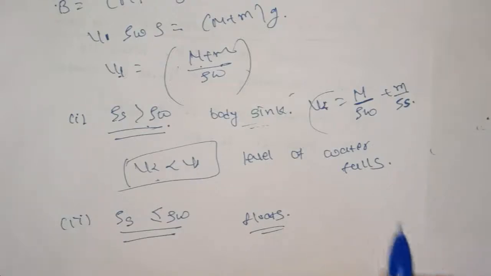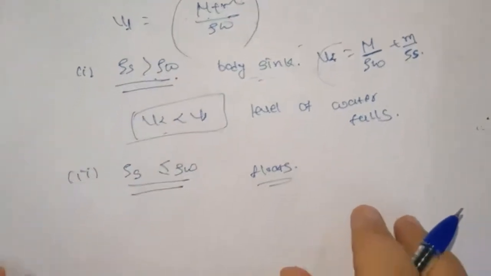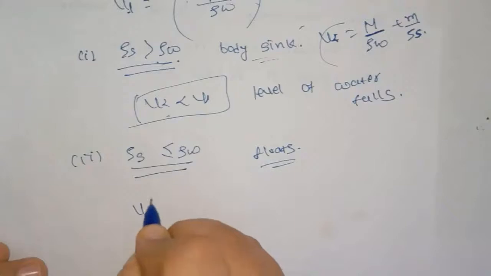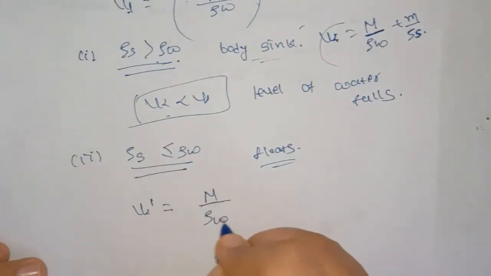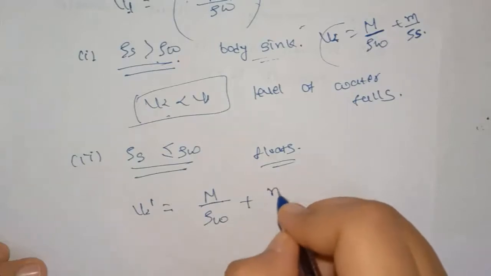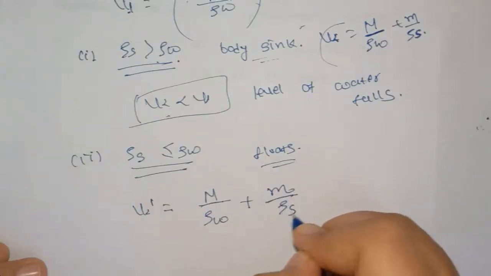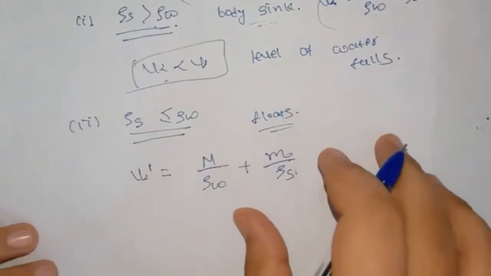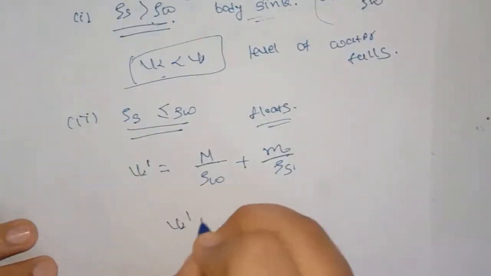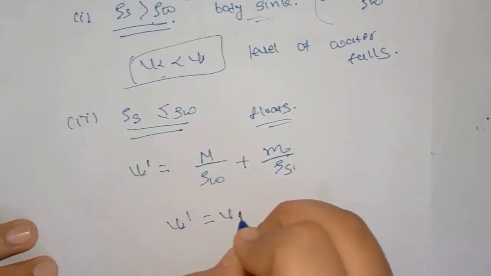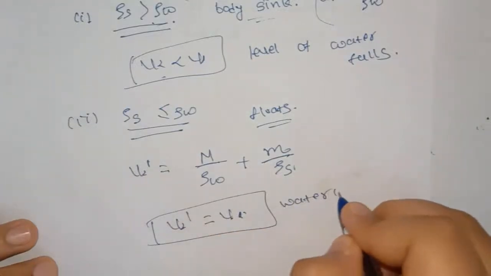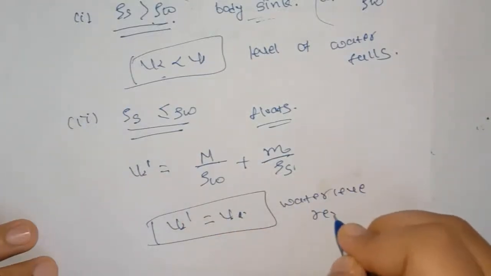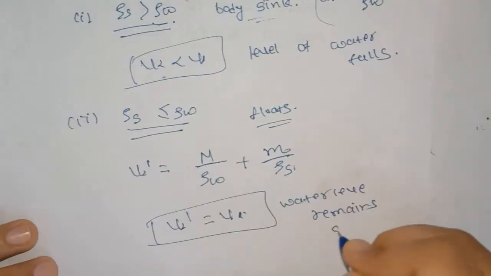So, in this case, the net volume of water displaced will be equal to mass of boat upon density of water plus mass of solid upon density of solid. So in this case, V2 dash will be equal to V1. So the water level remains same.